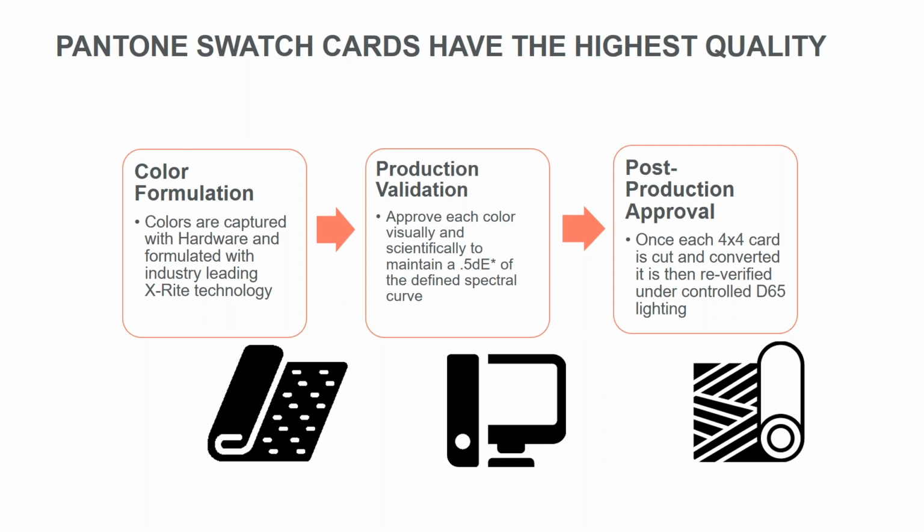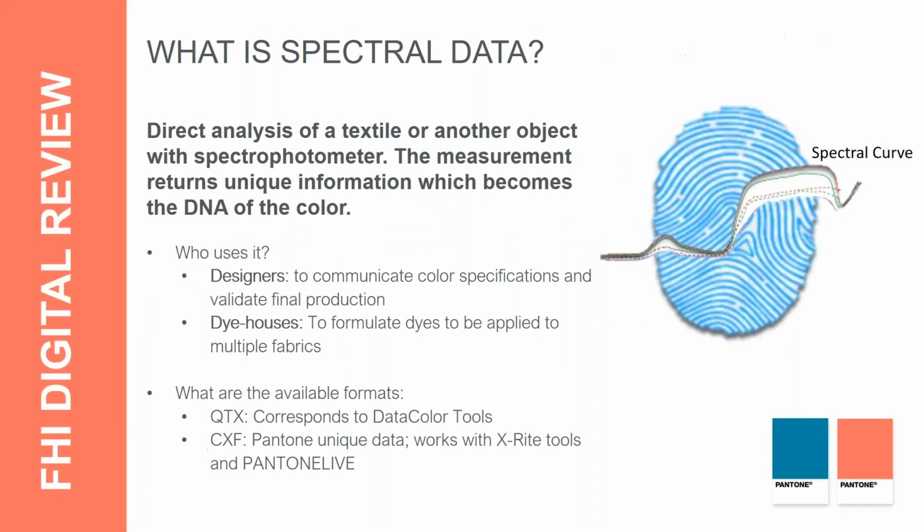We're going to approve each one of the dye lots to maintain this 0.5 delta E star of the defined spectral information. And for post-production, each one of these 4x4 cards is cut and converted, and it then is re-verified under controlled D65 lighting. So everything is a tight match beginning to end.